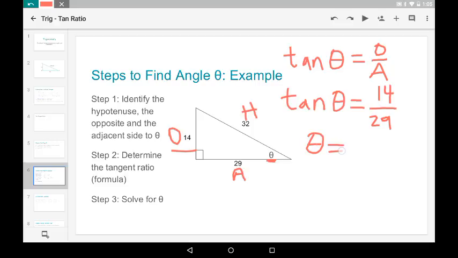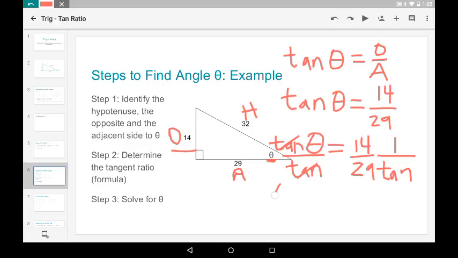Tangent of theta is equal to 14 over 29, and since we are multiplying by tangent over here, you would divide by the tangent over here, and you would also divide by the tangent over here. Cross these things out, and you have this. So theta is equal to this. We rewrite it as the inverse tangent, which is tangent with an exponent of minus 1, and then we have 14 over 29.